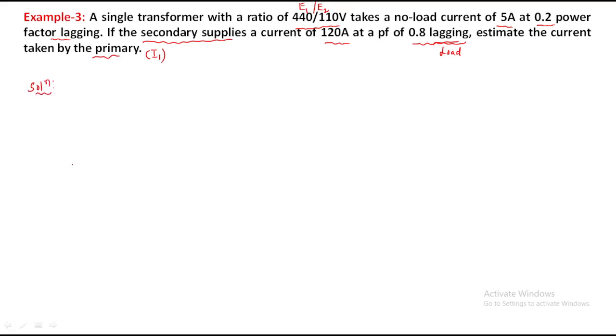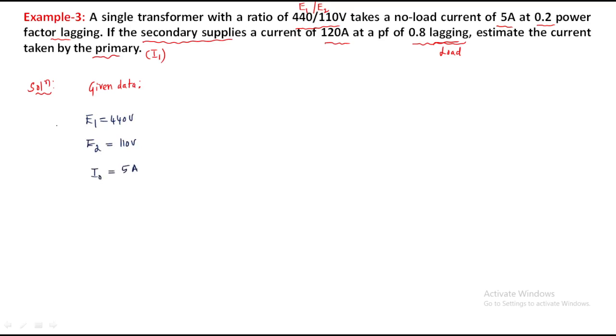Solution. First we have to write the given data. Just read the problem once again. Given E1 equals 440 volts, and E2, the secondary EMF, equals 110 volts. And given I0, the no load current, is 5 amperes.